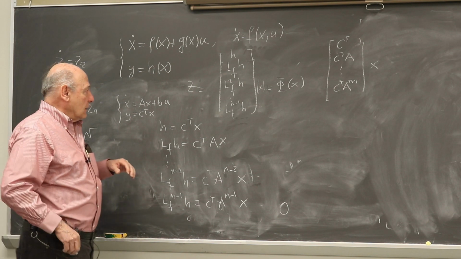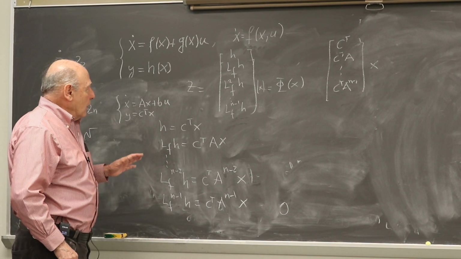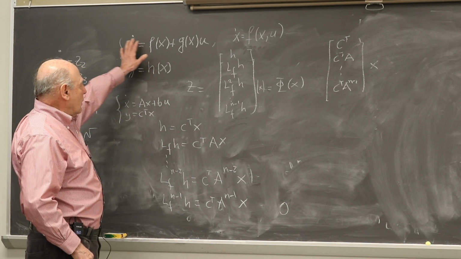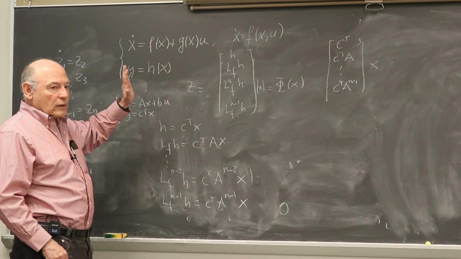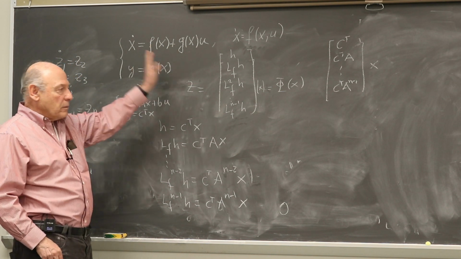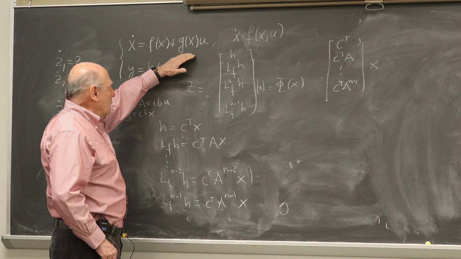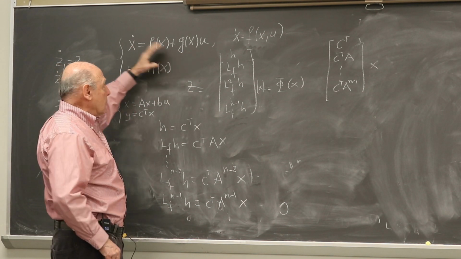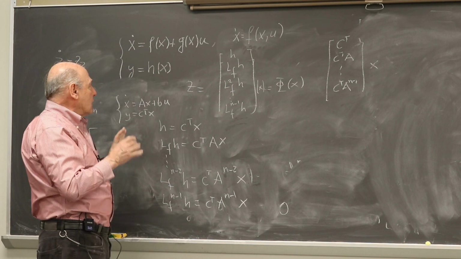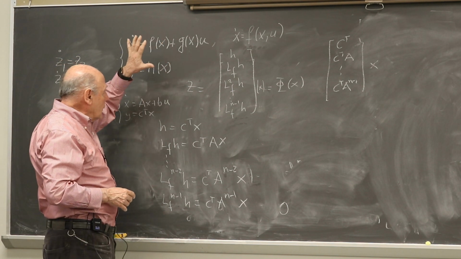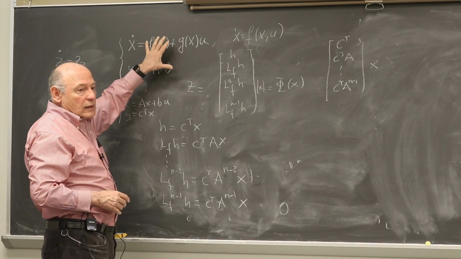But the thing is, of course, here you can have dynamics that you have not modeled. That's not considered here. That's not part of my zero dynamics. The structure that you do know of the system, and which gives you, let's say, a complete description of the system, is imprinted in this set of equations.